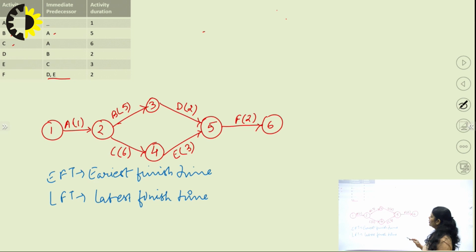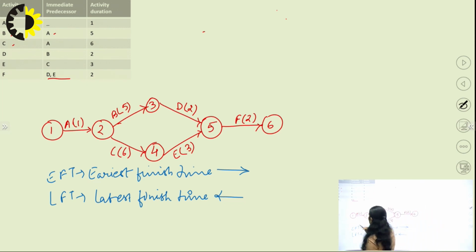The earliest is the forward movement and the LFT is the backward movement. So first we have to find out for the activity A. It is the starting point.